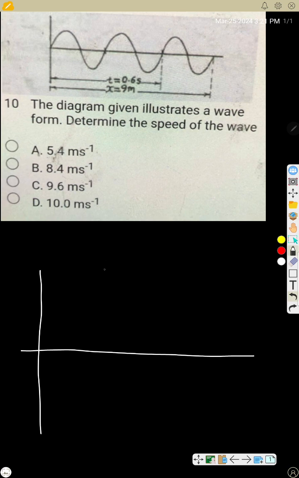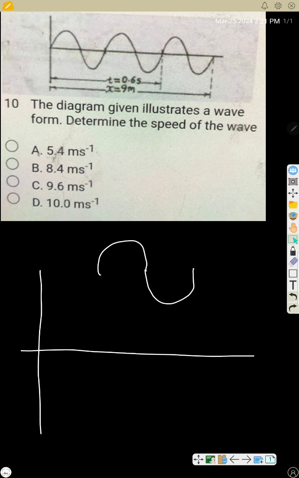Now, let us assume this is a circle. So if this is a circle, and you cut it into two, you'll be able to move it this way.